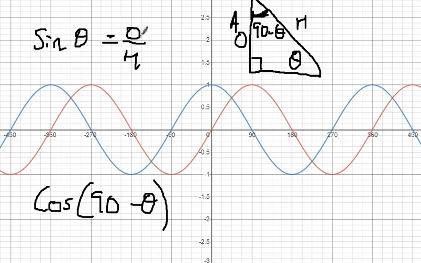So let's not call it O, let's call it O1, just so we don't get confused. This is now the adjacent, and this is the opposite for this angle, but we're going to refer to it as the same as O1. So the adjacent is now O1 over hypotenuse, and that's exactly what we just had. So sine theta equals cos of 90 minus theta.